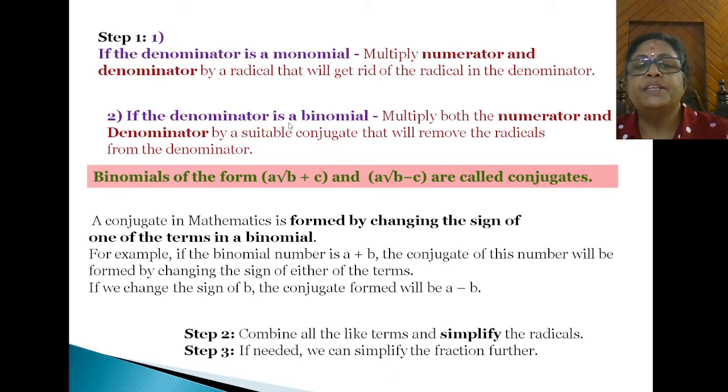If the denominator is a binomial, what will we do? We will multiply both the numerator and the denominator by a suitable conjugate that will remove the radicals from the denominator. Then combine all the like terms and simplify the radicals. Then step 3, if needed, we can simplify the fraction further.